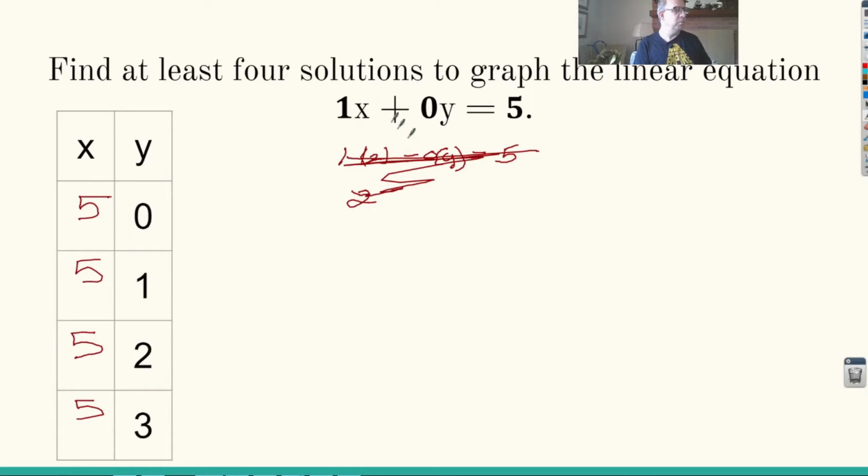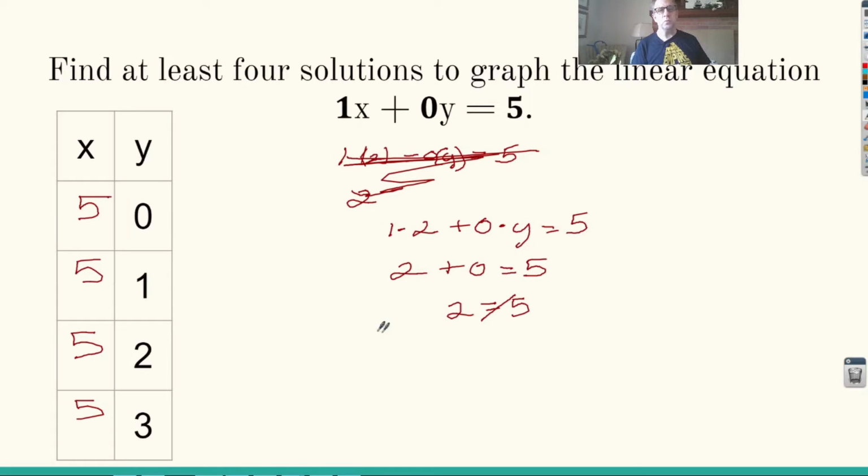If I put in a 2 for x, I have 1 times 2 plus 0 times y equals 5. 1 times 2 is 2, so 2 plus 0 times y, which is 0, equals 5. 2 plus 0 is 2, equals 5, but 2 does not equal 5.